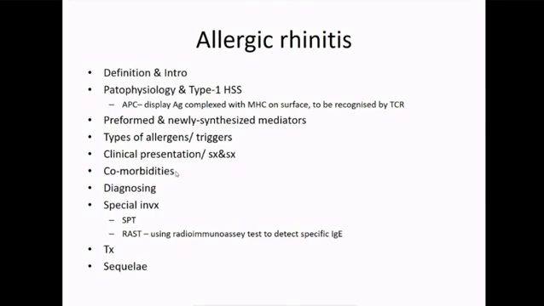Because they always rub their nose upward. We call it the nasal salute, because they want to relieve itchiness, so they rub the nose upward with the palm, and then they develop a horizontal skin crease at the nasal bridge. If you see that, you can say this is a typical finding in allergic rhinitis.